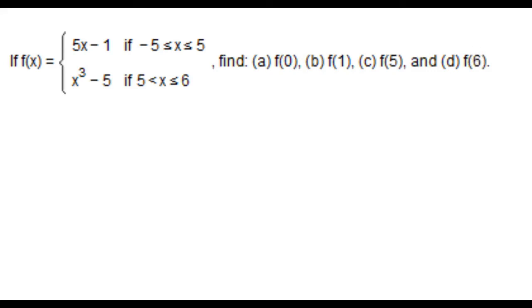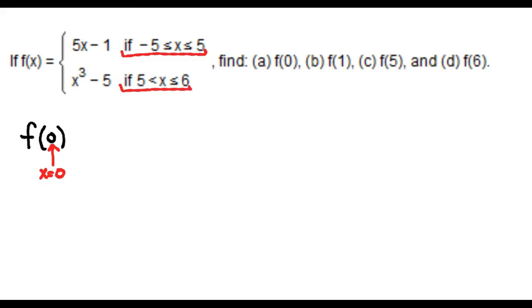So let's start with f of 0. If we want to find f of 0, this notation indicates that x is equal to 0. And with a piecewise defined function, we're given these conditions on which to use the specific equation.